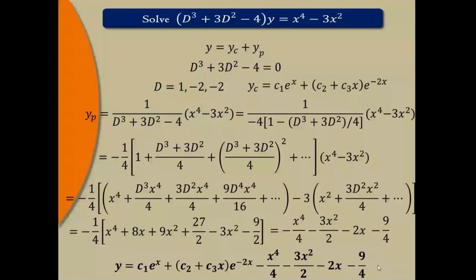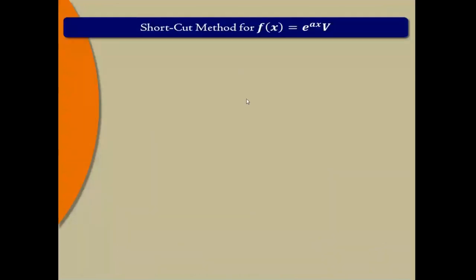Then the next method is e raised to x into v. If you have the product of two terms in which one of the terms is e raised to x and the other term is any function of x. In the earlier problems we had a single e raised to x, or a single sine term, or a single cos term, or x raised to m, single terms.